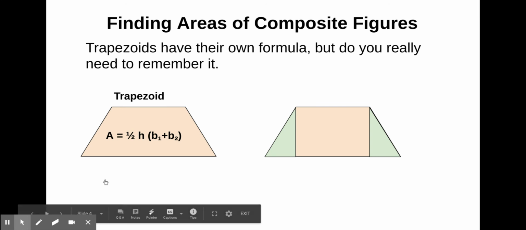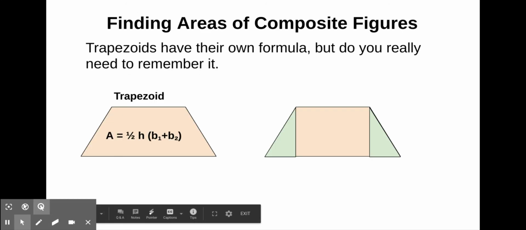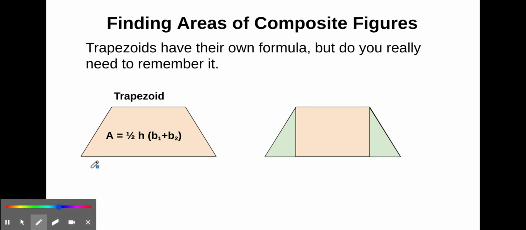All right, trapezoids. It has a formula as well. Again, let me go back up, previous slide. If we talk base 1, base 2, right? So here's base 1, here's base 2.